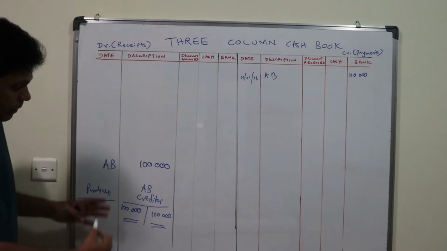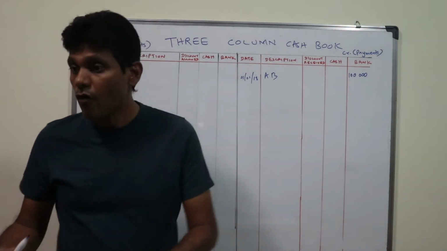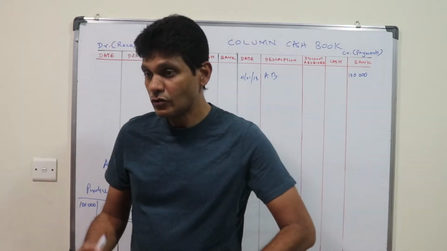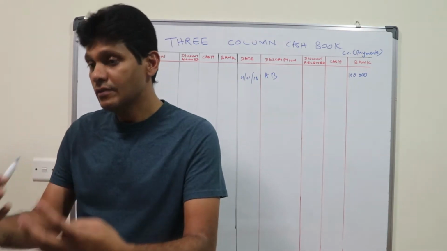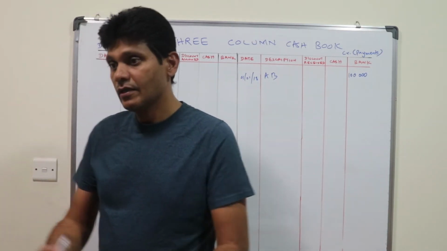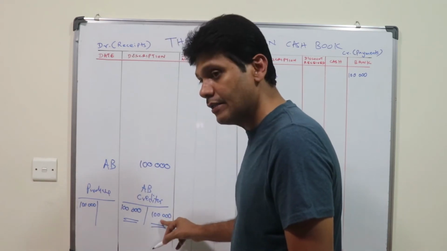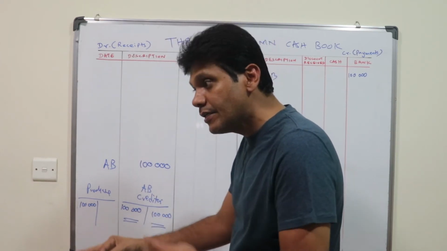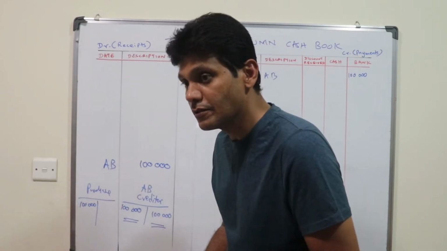Now when you make the payment, sometimes suppliers may offer discounts because they need cash. In order to do that, they will offer discounts to the customers. They might say, if you pay this 100,000 within, let's say, 15 days, we can offer you 10% discount.